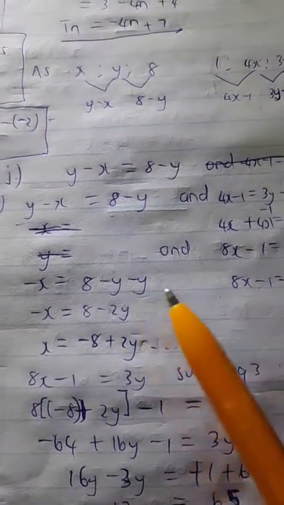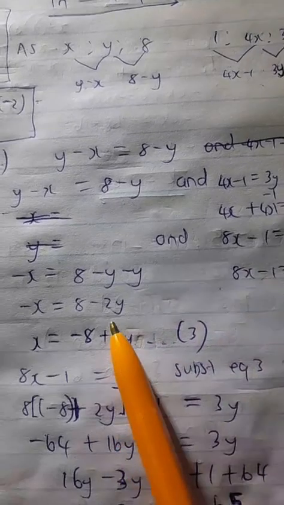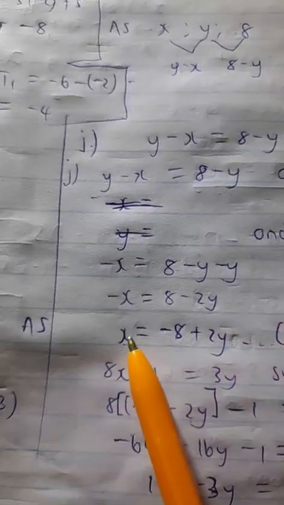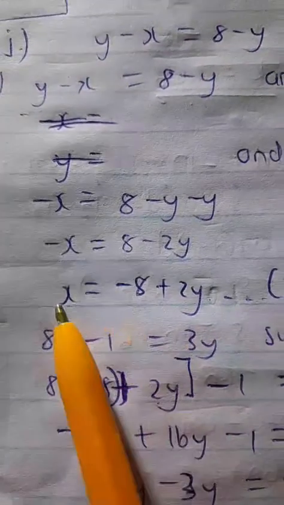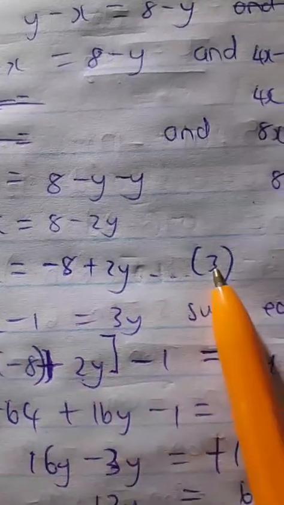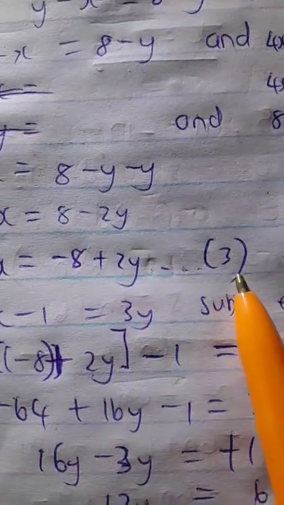So obviously for me, the easiest method is the substitution method. If you note here, for the first equation, I made x the subject of the formula, and I named it equation 3.